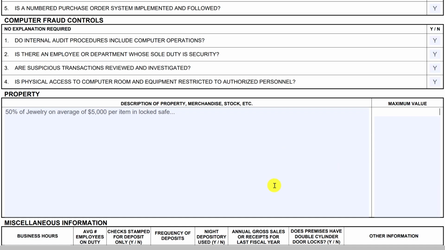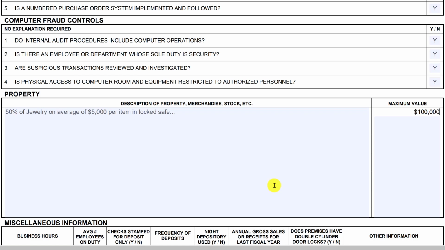If you think about it, if they have jewelry that's over $5,000 in the amount of like $100,000, and then they have jewelry that's valued at $100 or less in the amount of $400,000, this is like a trinket shop. This is like one of those little earring stores.